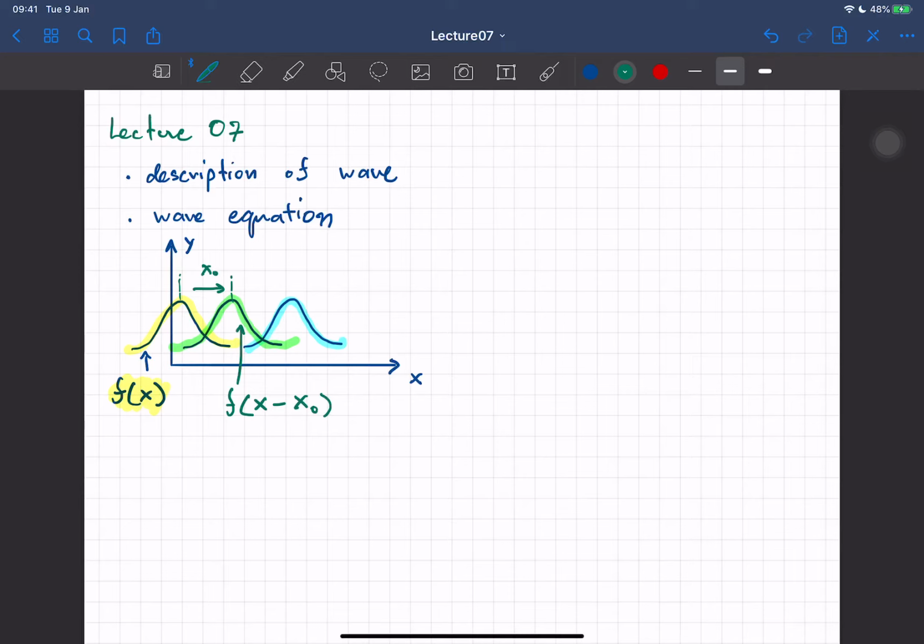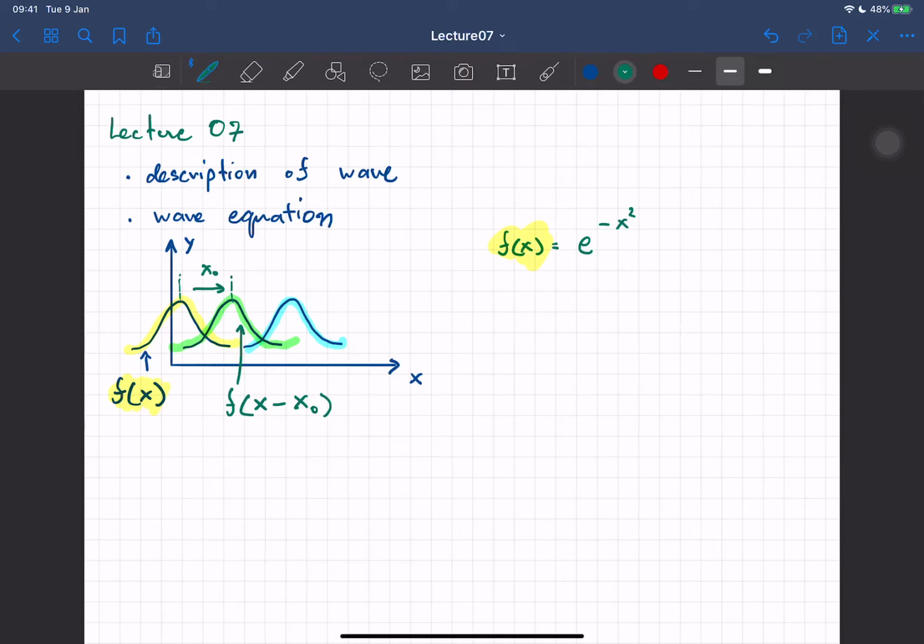So how does it work? Well, for example, we can assume, this is not going to be entirely accurate, but it's good enough, that f of x is given by this particular function. So it's an exponential function, e to the minus x squared. Okay, so that's for the yellow one. So let me mark with color here.